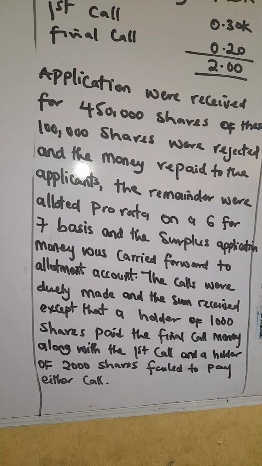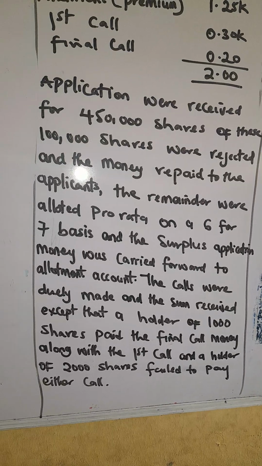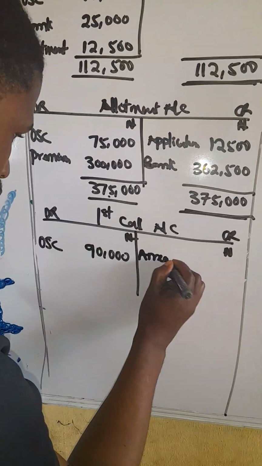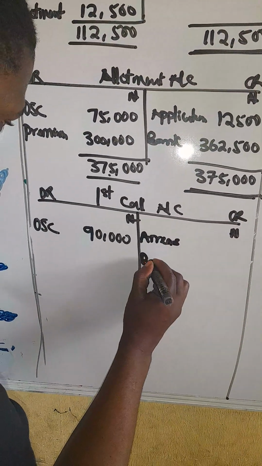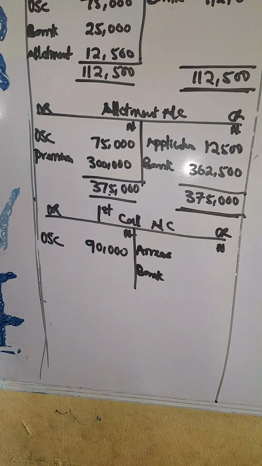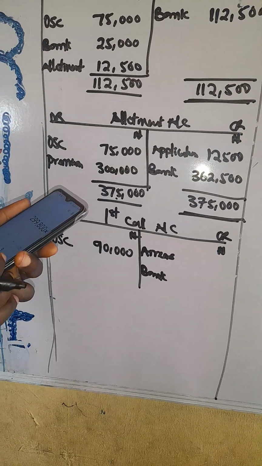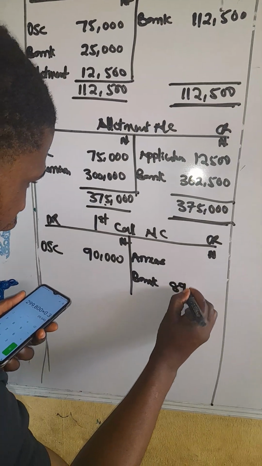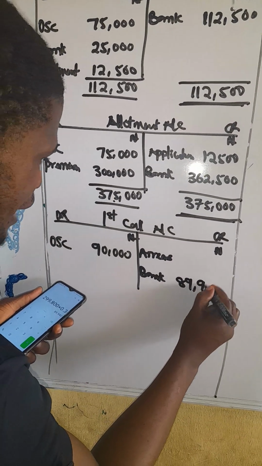So I will come to this side. I will say the 300,000 shares minus 2,000. So that means here I have arrears. I have my bank. Now the bank received 299,800 shares times 30 kobo. So the bank received 89,940.